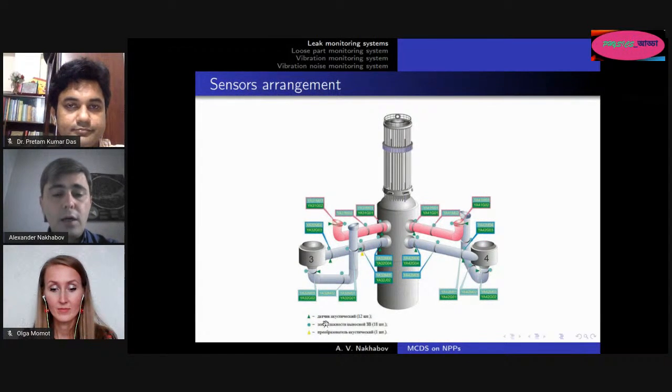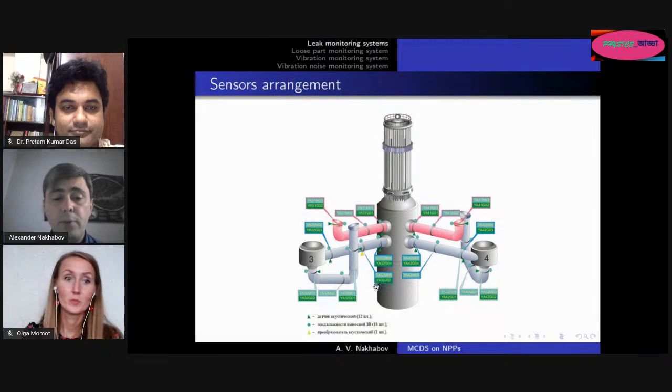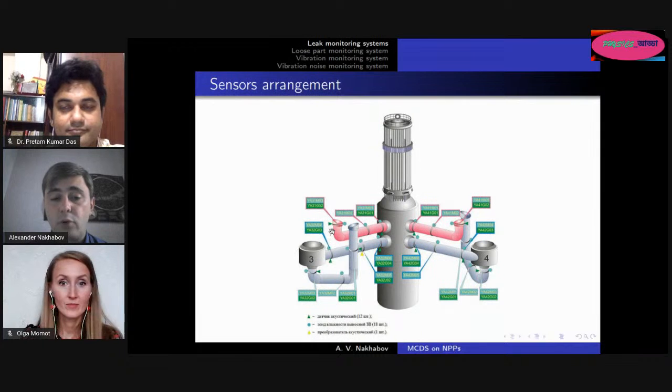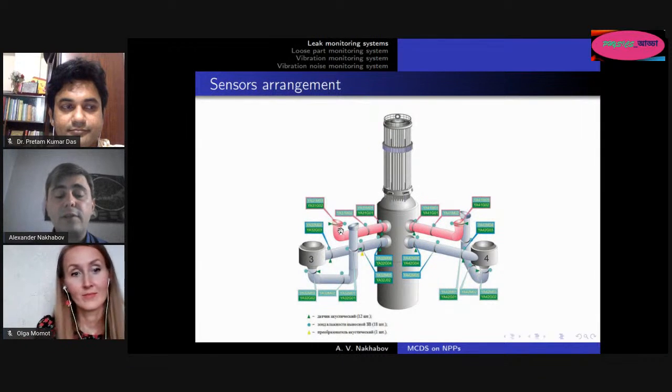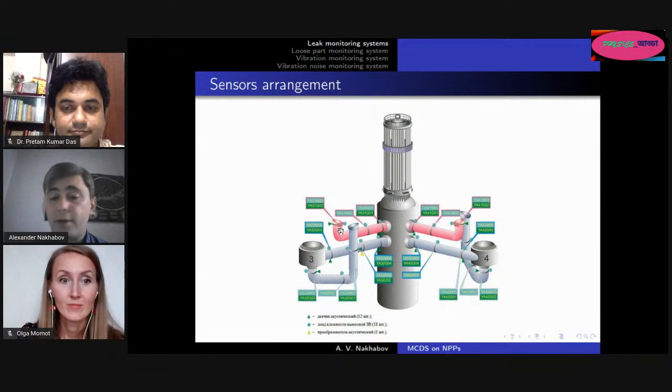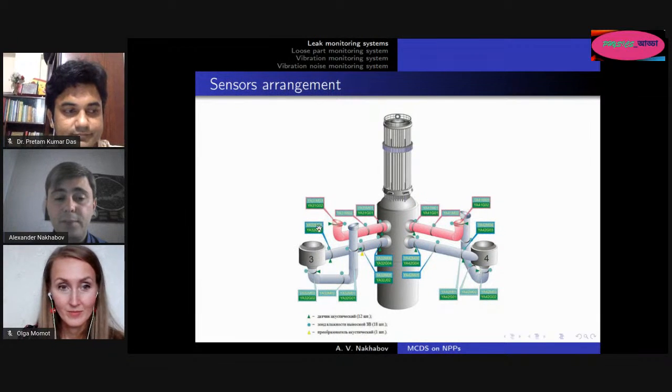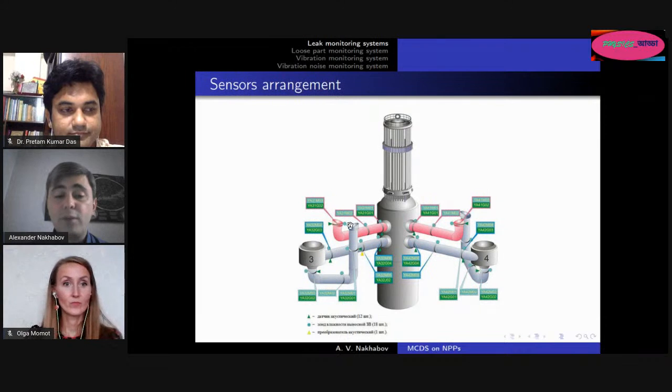Excuse me, some explanations are given in Russian language. Of course, now I'll translate into English. So it's just an example. You see actually only pipelines of the primary circuit, because on this slide there are no main circulation pumps in this place, and there are no steam generators in this place. We see only the pipelines themselves.